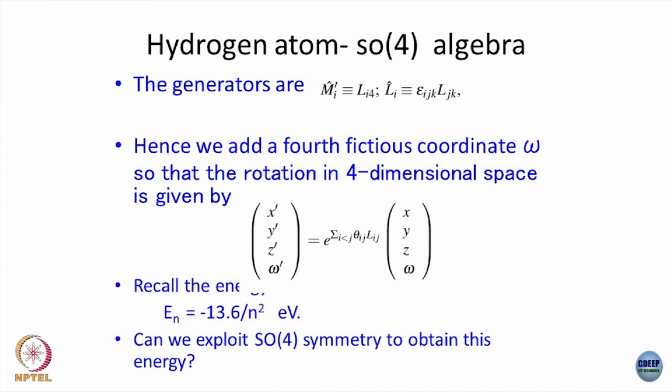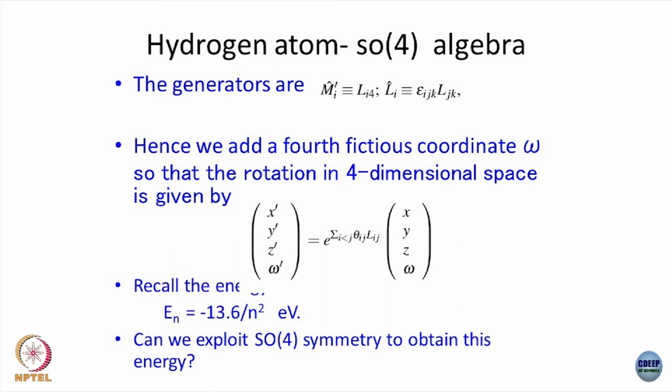Now I kind of put in a fictitious 4th coordinate to account for the Runge-Lenz vector. So, the Runge-Lenz vector mimics as if the hydrogen atom problem can be treated like a 4 dimensional space. It is not exactly a 4 dimensional space. Hydrogen atom is only in a 3 dimensional space.